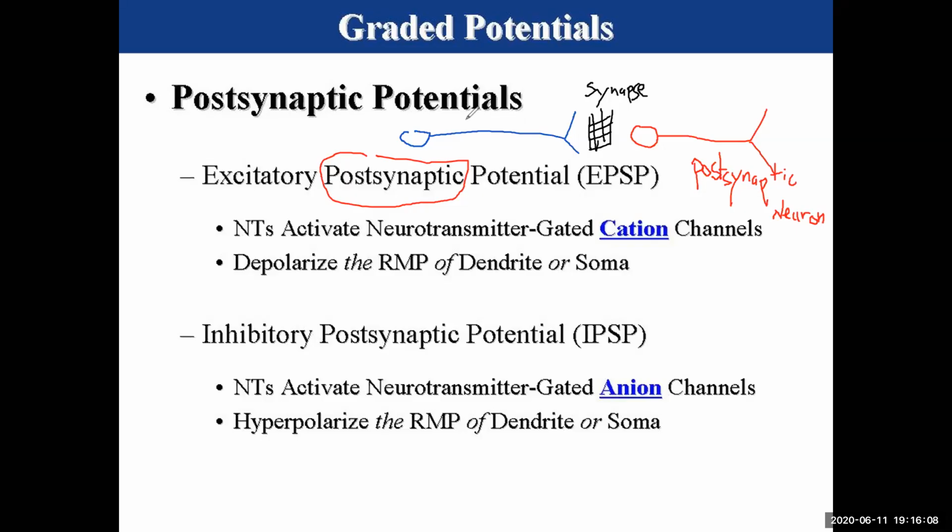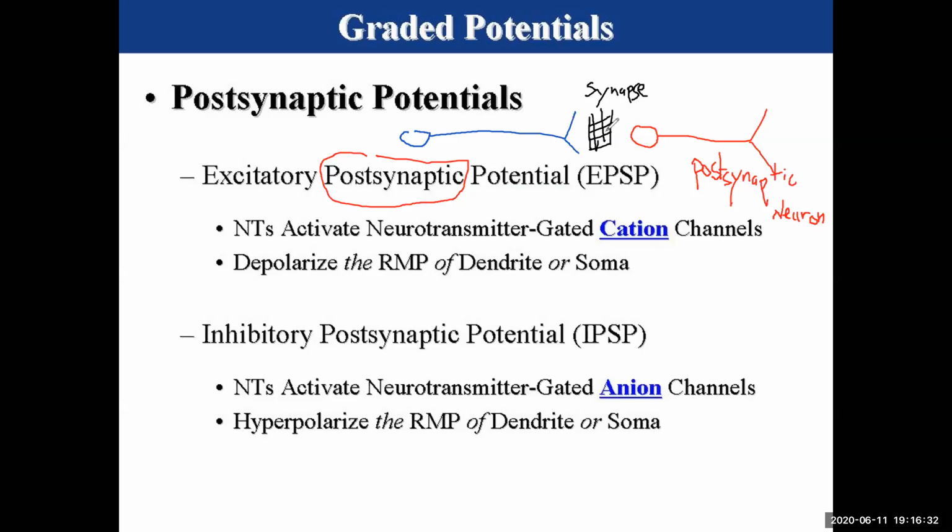Now, the reason why we call it postsynaptic potential is because the presynaptic neuron releases neurotransmitter, and the neurotransmitter, we're going to learn later, will induce the formation of a potential on the postsynaptic neuron. So that's why these signals are called postsynaptic potentials.